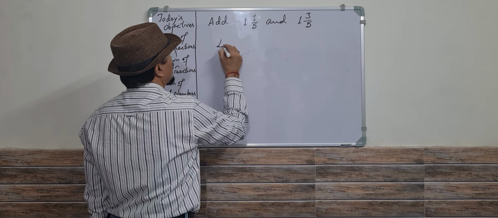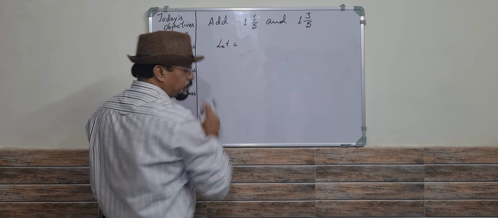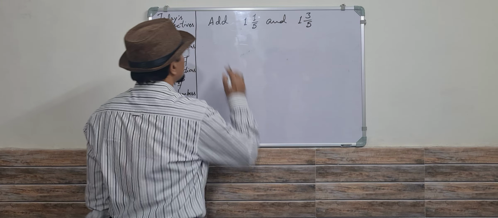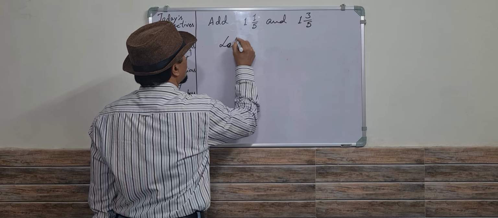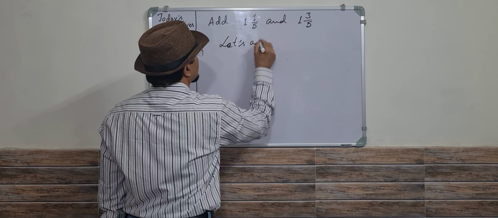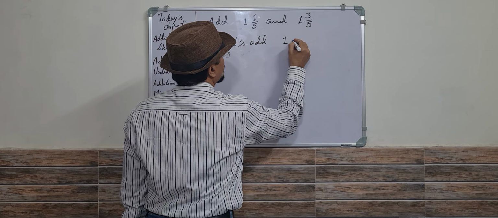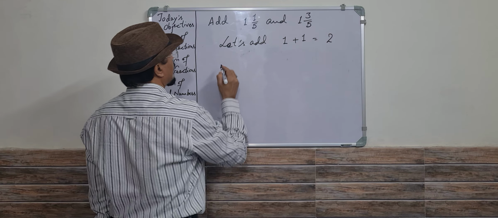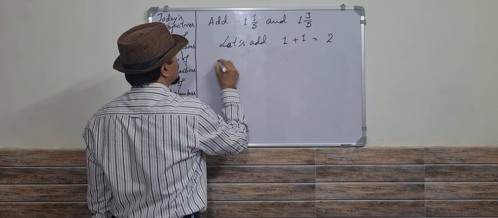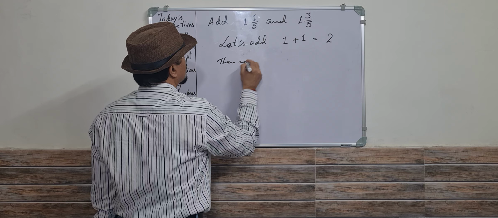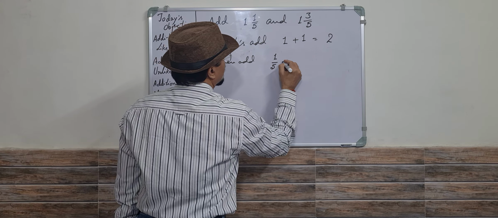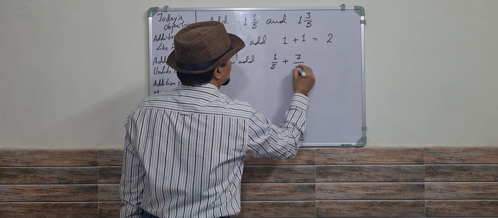So let's add the whole number part, that is 1 plus 1 equal to 2, keep it separate, and then add 1 by 5 plus 3 by 5.